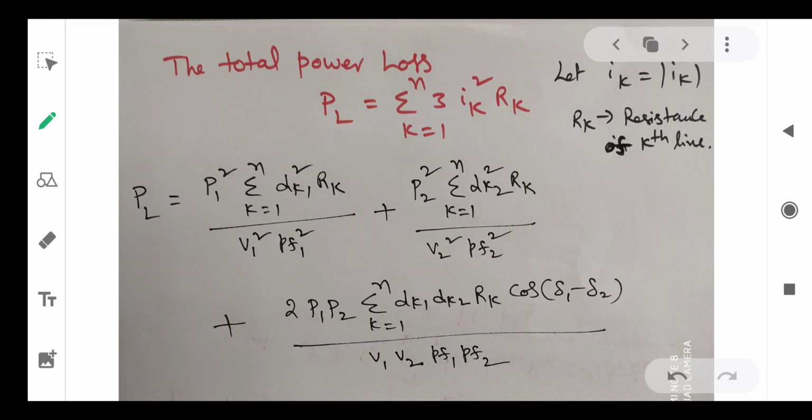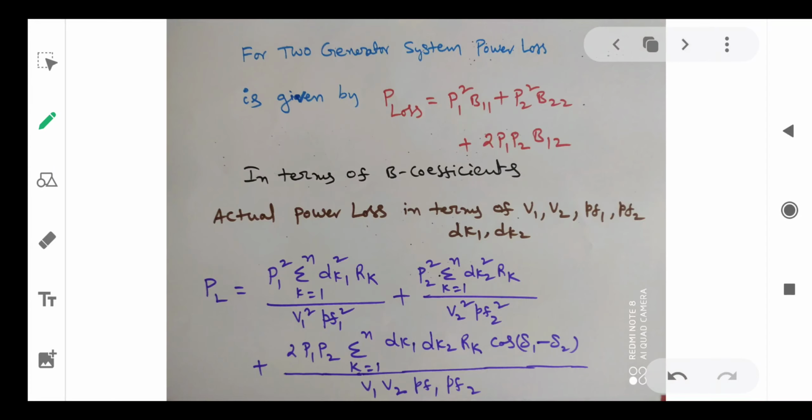So therefore, except P1 and P2, all remaining parameters can be taken as constant values, and hence those can be expressed in terms of P1 square into some constant plus P2 square into some constant plus 2 P1 P2 into some constant.